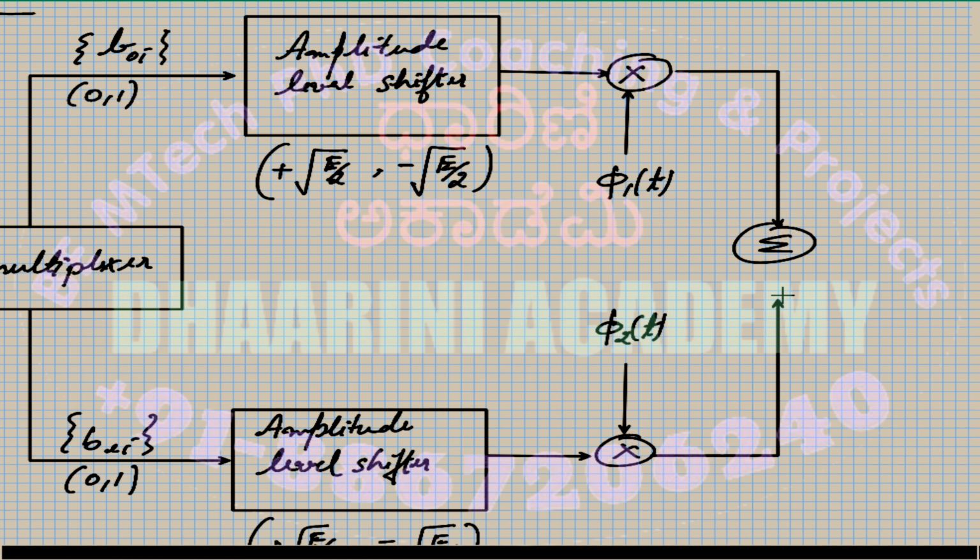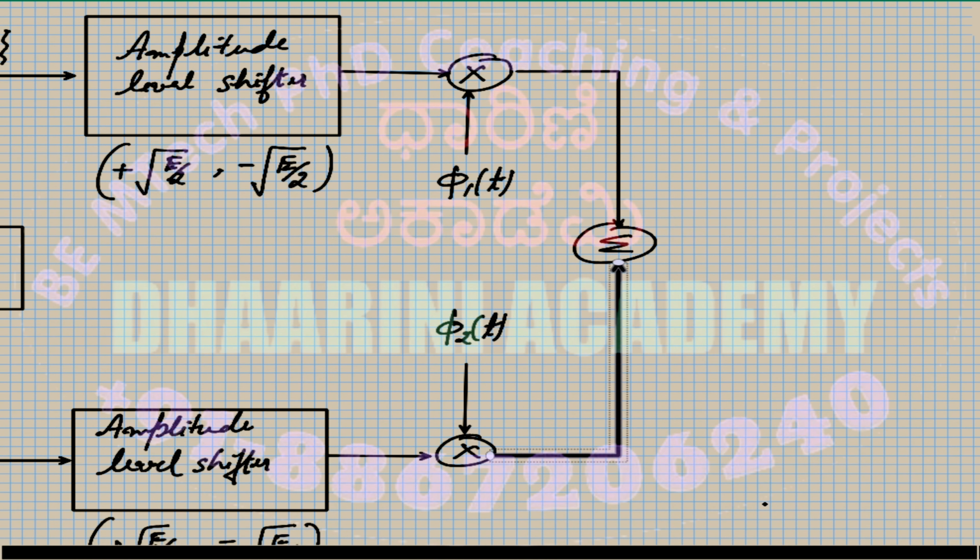We are simply building this block diagram as per the equation, right? We already have discussed the equation. You can simply add the two components after multiplication of phi1 and phi2 that gets generated. So the sum output of this summation block itself will be the QPSK. So a QPSK wave can be generated easily by using this technique.